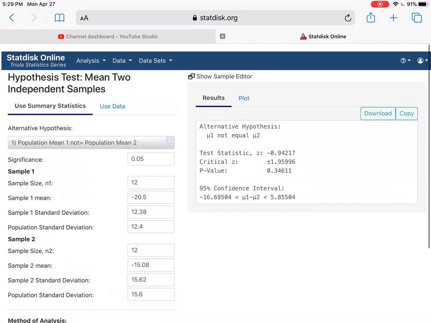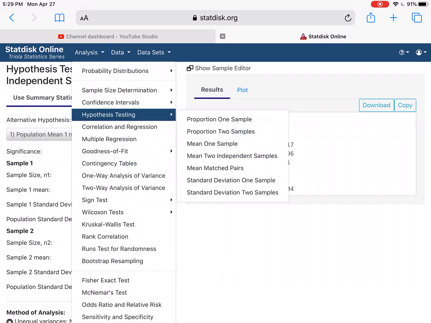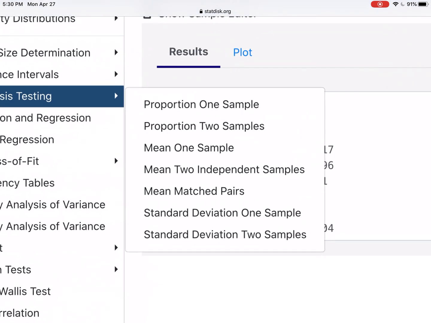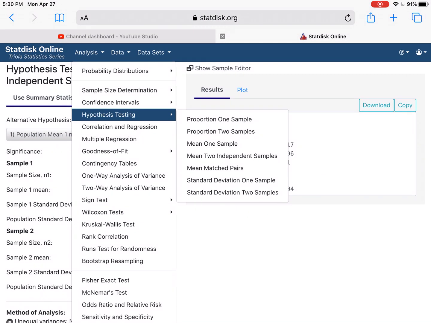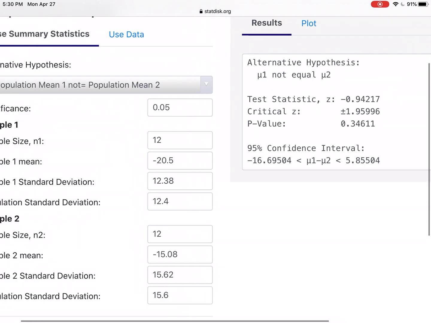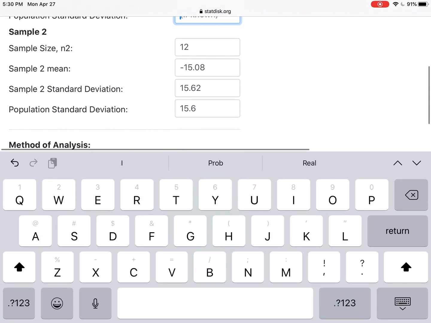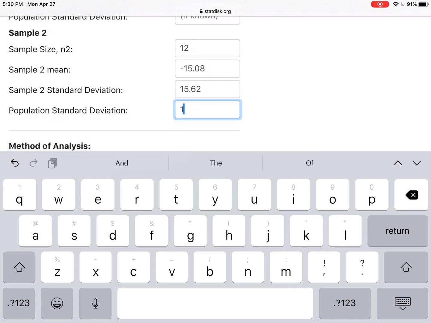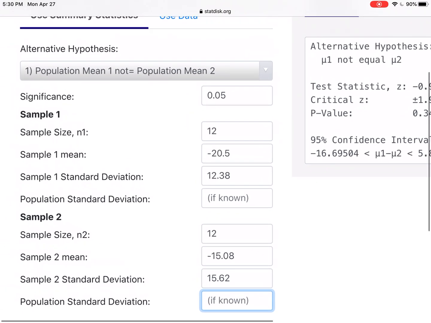In StatDisk, I would choose analysis, hypothesis testing, and then mean, two independent samples. That's the fourth one down. With that, we've input our different values here. We don't have a population standard deviation for either of those, but we had all of that sample data from before.